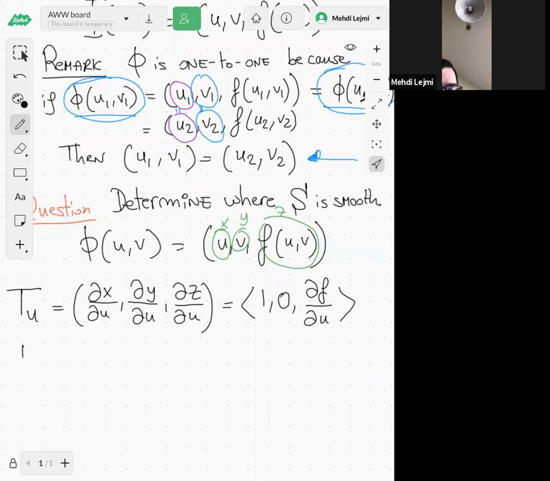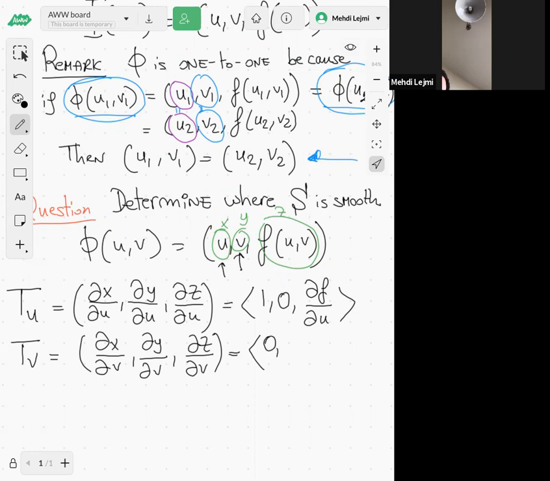Now the second vector is the tangent vector t index v, so partial x, partial v, partial y, partial v, and then partial z, partial v. So the derivative of u with respect to v is 0. The derivative of v with respect to v is 1, and the derivative of f with respect to v is just partial f, partial v, because my function f is just some random function.